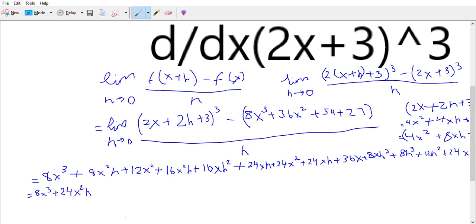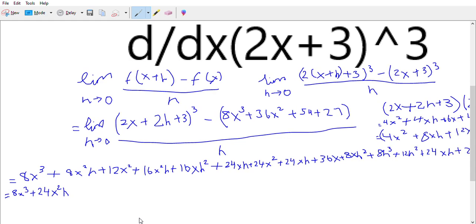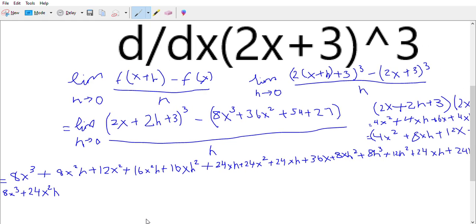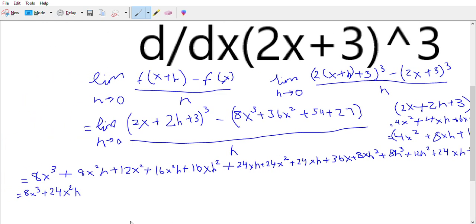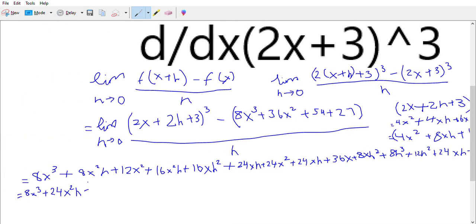And now, how many x squares? That's 12, that's 24. Okay, so that'll be 36. Sorry, my writing is horrible. Bear with me.